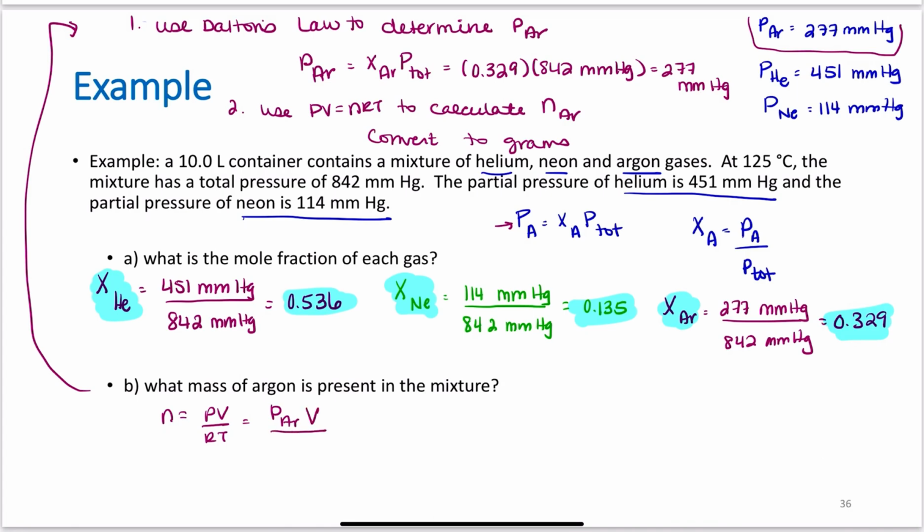The volume of the system is the same because all the gases are mixed together. R is a constant, and the temperature is the same for all of them because they're all mixed together. Partial pressure of argon is 277 millimeters of mercury. I do have to convert that to atmospheres, but I'm going to do it in the equation. I know 1 atmosphere is 760 millimeters of mercury. The question tells me it's a 10-liter container.